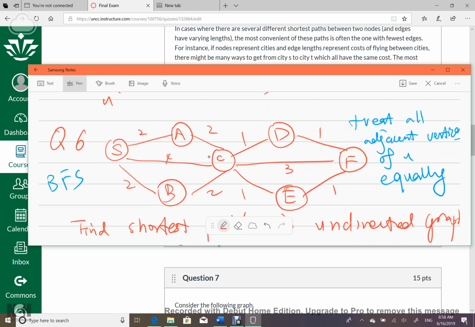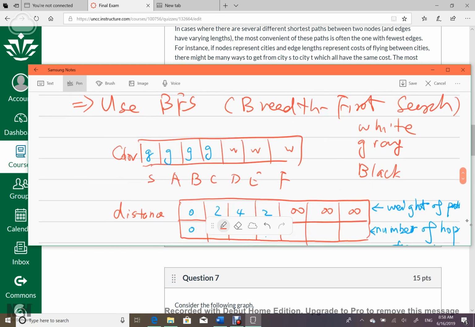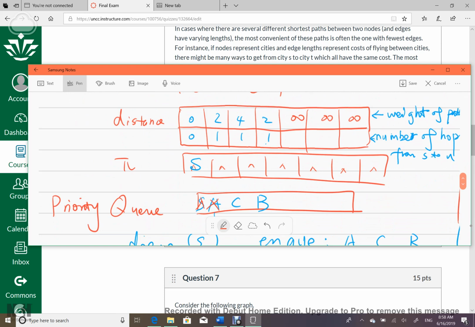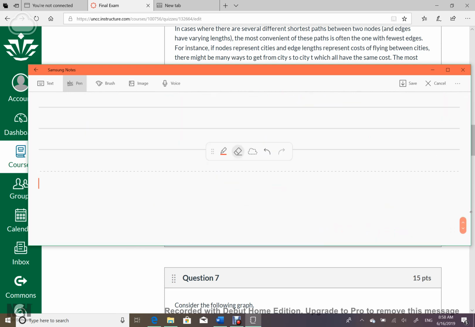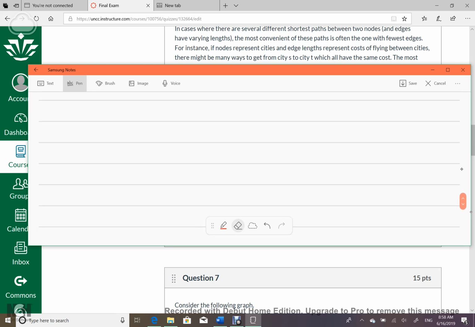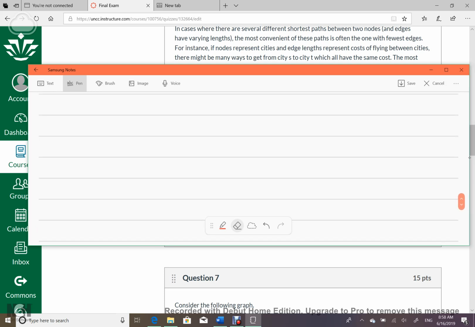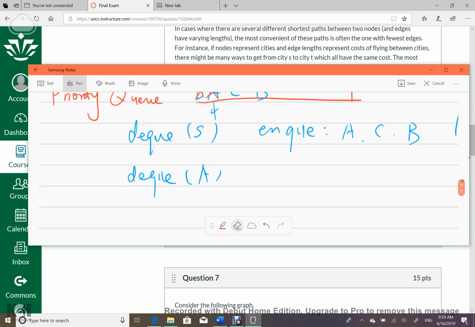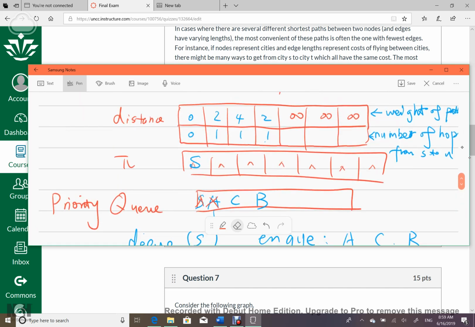C is the only one, right? Now, since we BFS, we need to check if this vertex has not been accessed, then you put it in the queue. But if it's already in the queue, in that case, what do you do? You ignore that. But that is in the traditional BFS. In this case, we do not ignore that. We adapt that. Once you have the adjacent vertex C, you want to access C. What happens?